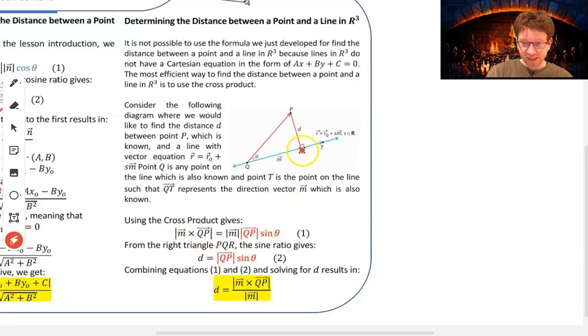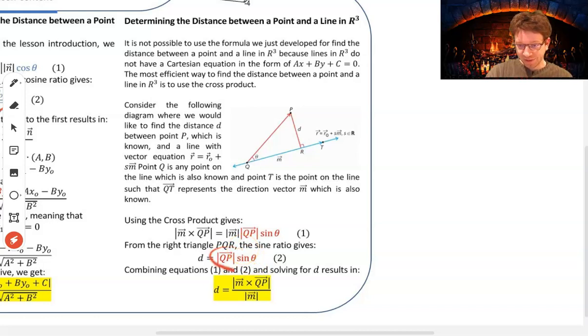And because this is a right angle triangle, I can also write that the sine of theta is opposite over hypotenuse, or rearranging for opposite, we know that d would be the magnitude of the hypotenuse times sine of theta.